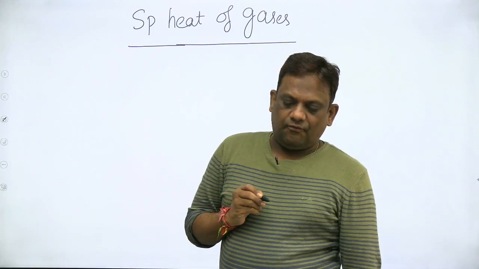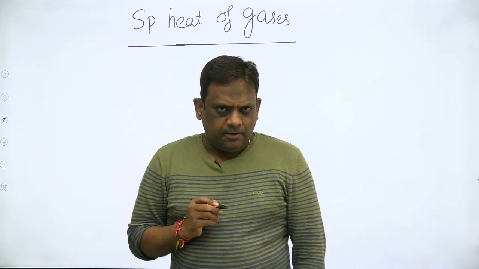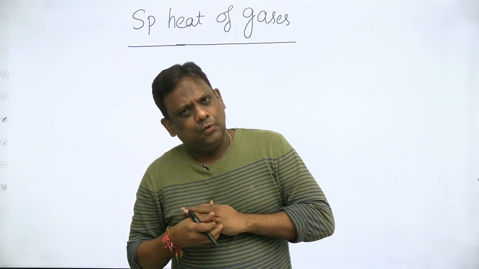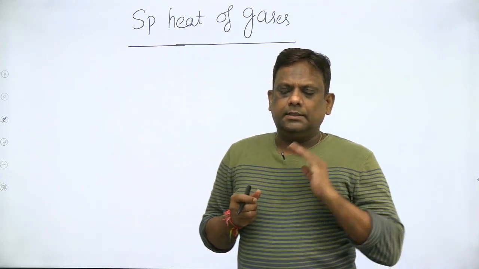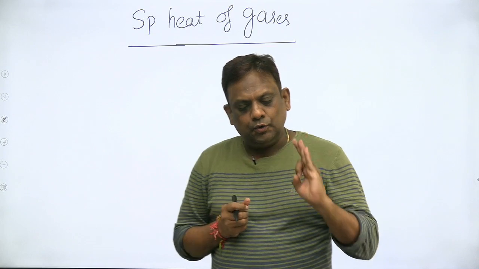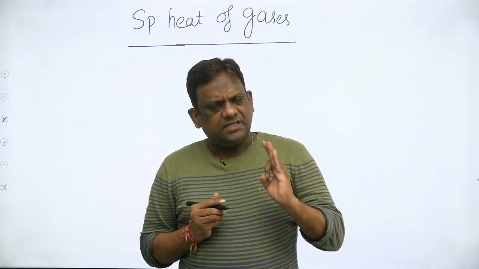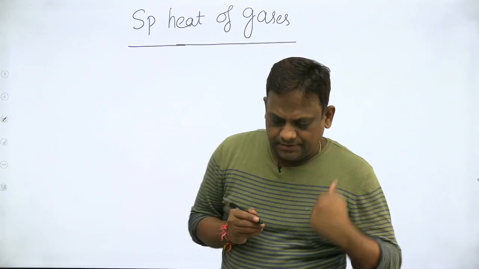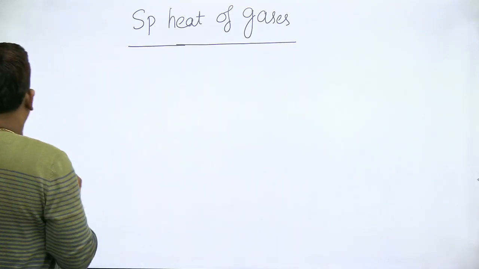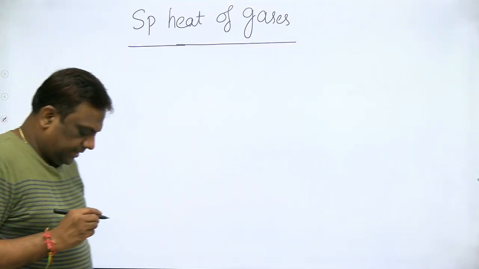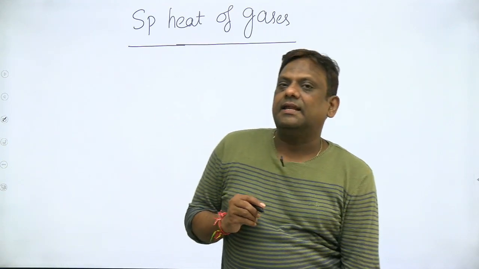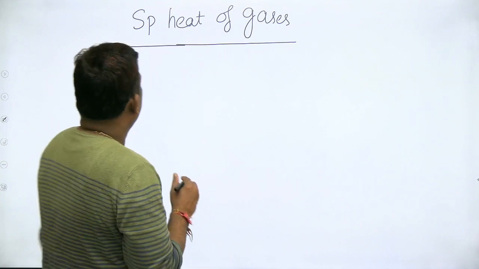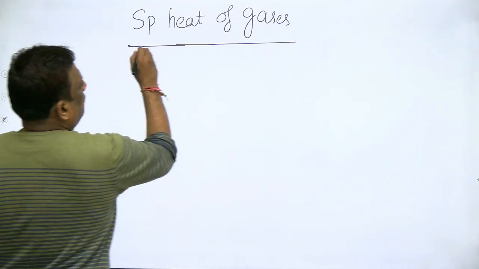The unit of specific heat is kilojoule per kg Kelvin. Then I'll go for liquids and solids. Please observe here. Listen carefully. Look at the specific heat of gases.